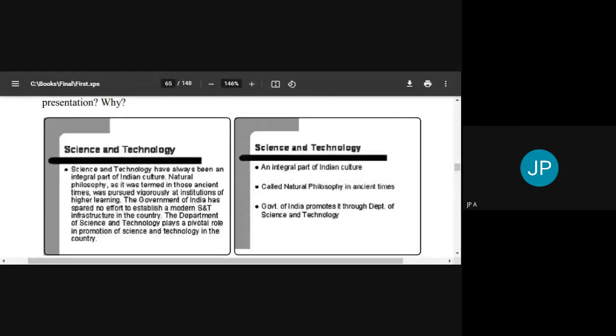The points are very clearly presented in the second slide. So that is why the second slide is more appealing. It is easy to read, it is easy to understand because there are no long sentences in the second slide. So that is why we prefer the second slide. The first slide is not suitable because it is a very long paragraph.